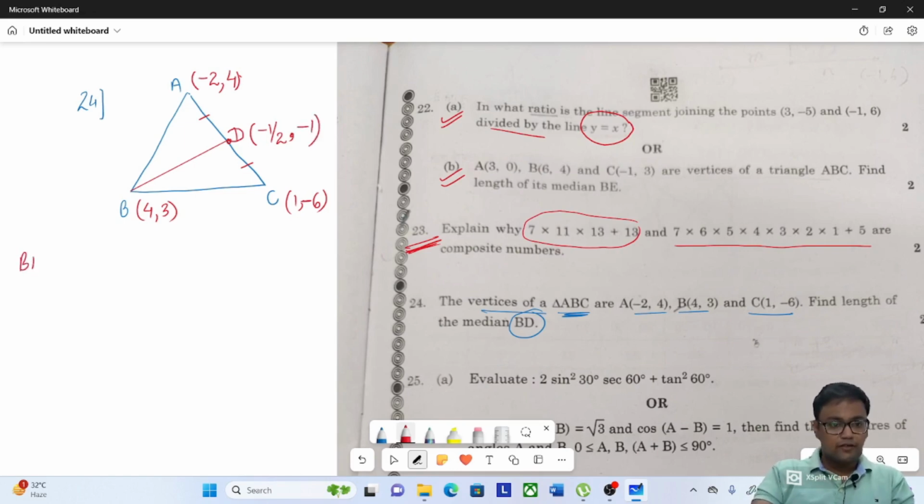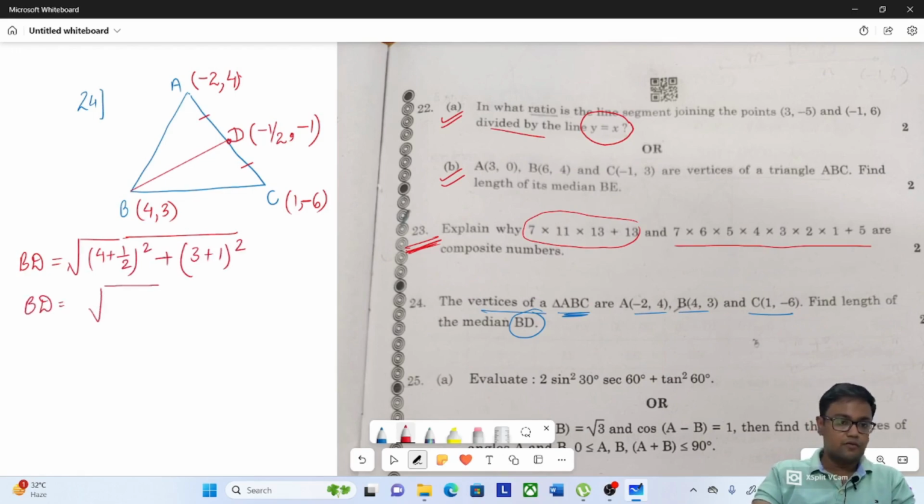So, we can find the length of the median BD by using the distance formula. So, under root of 4 and a half squared, plus 3 plus 1 squared. So, 4 and a half squared, you can take the LCM, whatever you may do, it is acceptable.